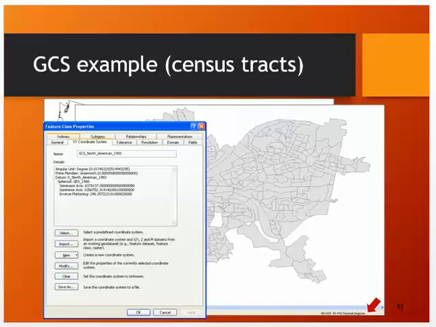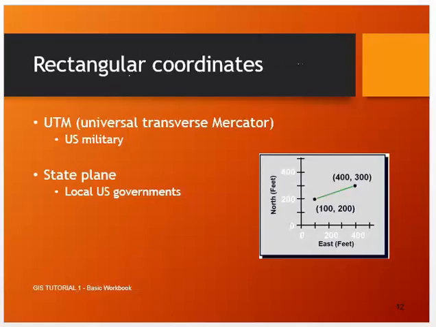So that is an indication that this is a latitude longitude projected file. You can also right click on the layer in the table of contents and go to properties, and one of the tabs is coordinate system. It will show in there what coordinate system it's using.